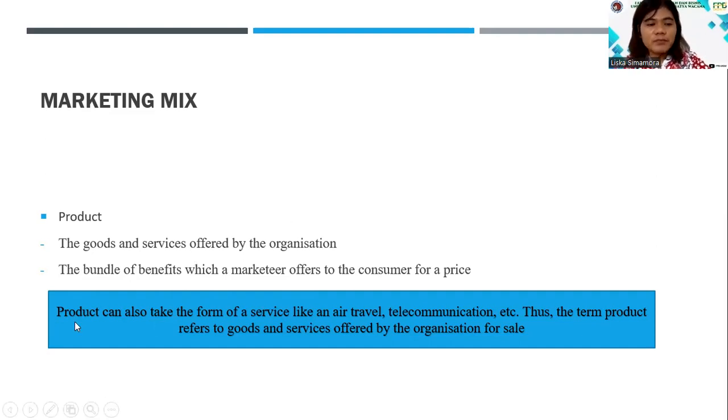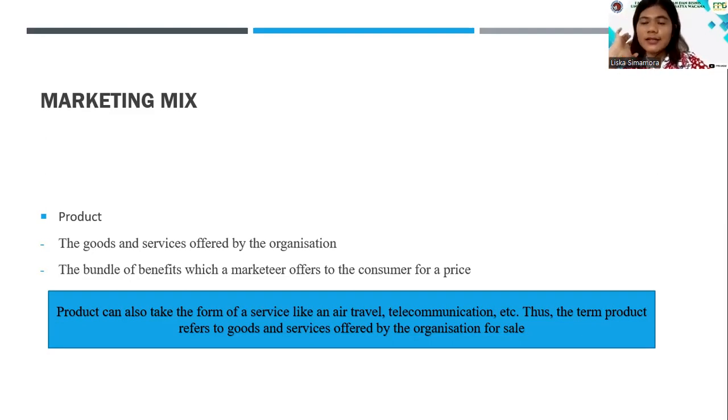Okay. So here, product can also take the form of service. This box wants to emphasize that kind of service, like air travel, telecommunication, and etc. Another one is tour guide, education as well is a kind of service, and another service like business consultation, that is a service as well.